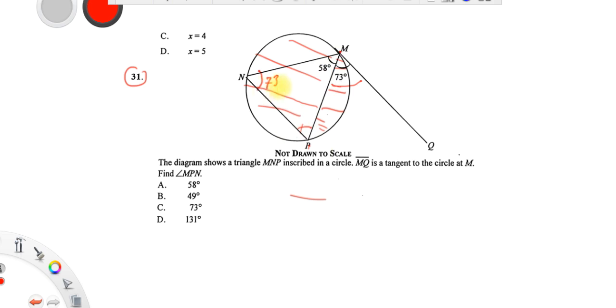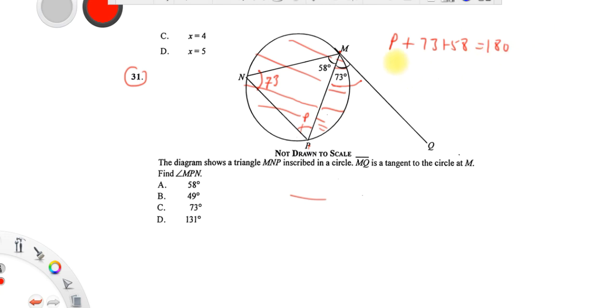We just add this 73 plus 58 plus this angle, let's call it P. P plus 73 plus 58 will give us 180. Very simple, guys.